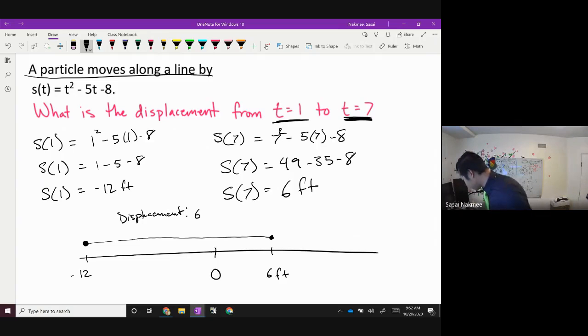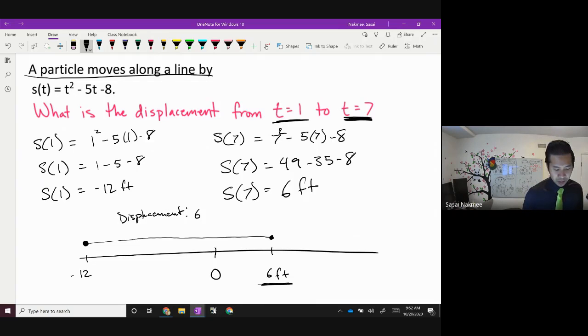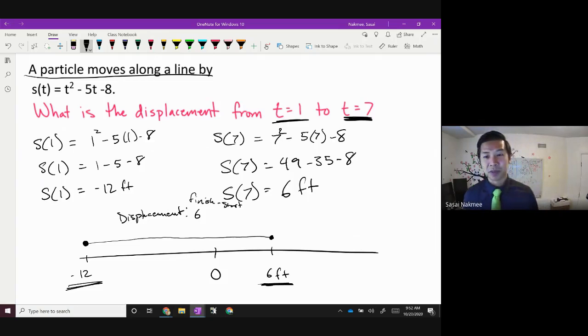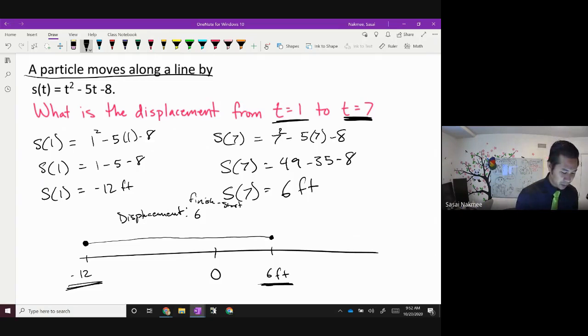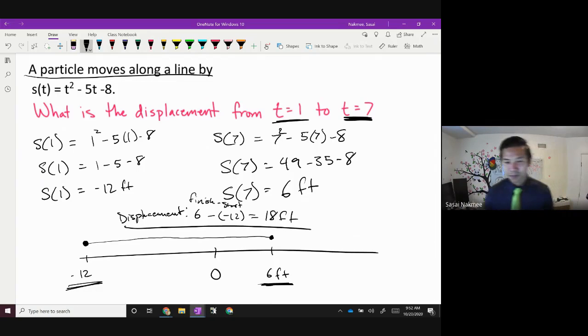In this case it is positive because he's going from negative to positive, right? When you're doing displacement, you're always doing where does he finish minus where does he start. That's the easiest way to do it. So it's 6 minus negative 12, which tells me that the displacement is 18 feet. That's what the displacement is. Okay, that's the displacement.